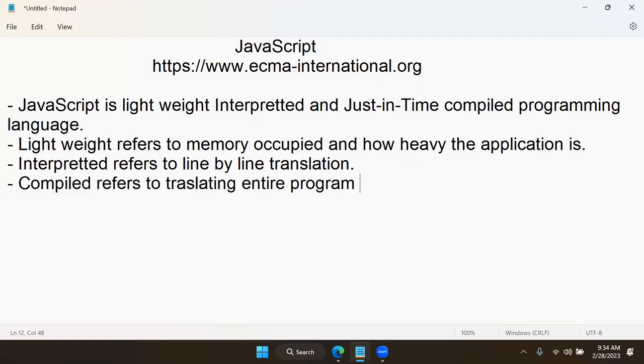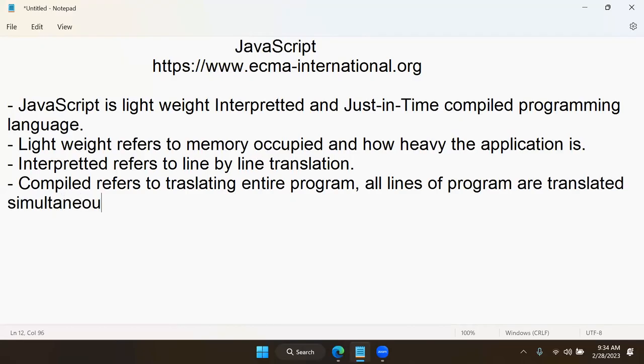That means all lines of the program are translated simultaneously at the same time. We call this as what? Compiled. So JavaScript is both. It is interpreted and it is compiled.